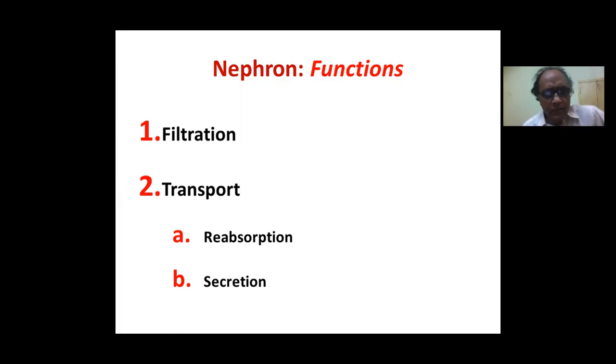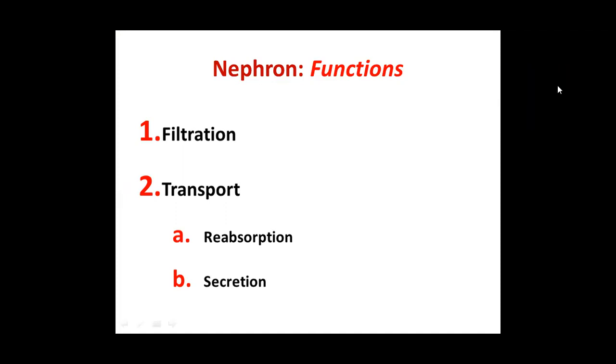Now, nephron function, if we recapitulate a bit, is of several types. One is filtration, another is transport. Filtration we have covered, and we are undertaking the discussion on transport.